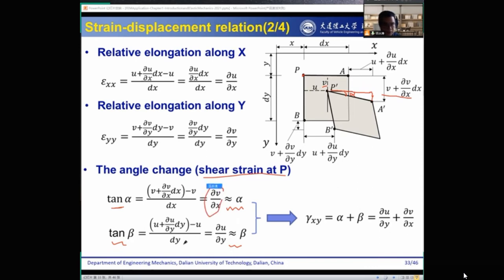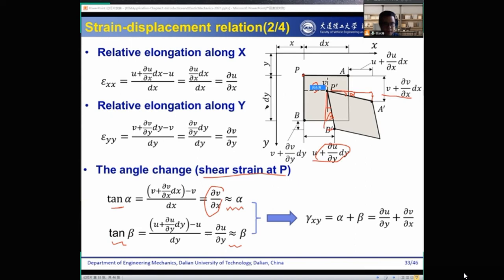And then the tangent beta, this is our beta. The tangent beta is this value. This value equals to this one minus this one, and then divided by the initial length, dy.